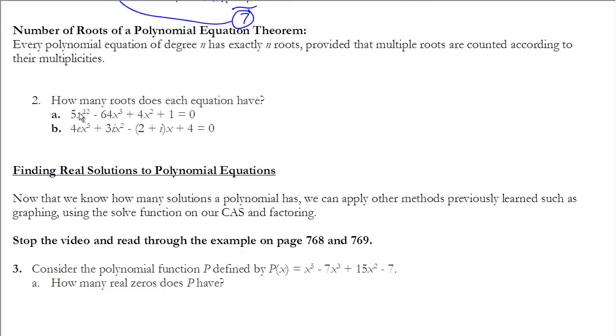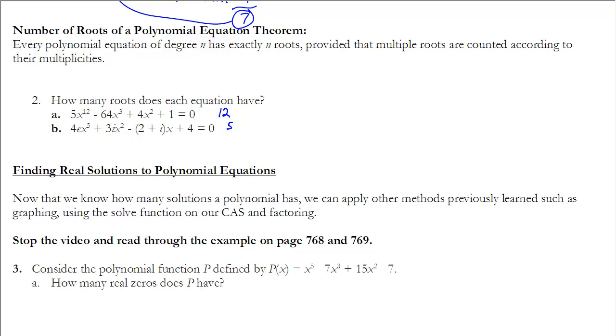So example 2 here says, how many roots does each equation have? Well, to determine that, all we need to do is look at the degree of that polynomial. So if I look at part A, since the degree of the polynomial is 12, we're going to have a total of 12 roots. Once again, that's taking multiplicity into consideration. If I look at part B, I have a degree of 5, therefore there are going to be 5 roots.